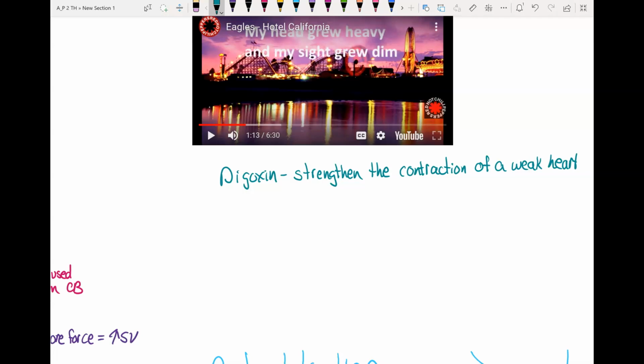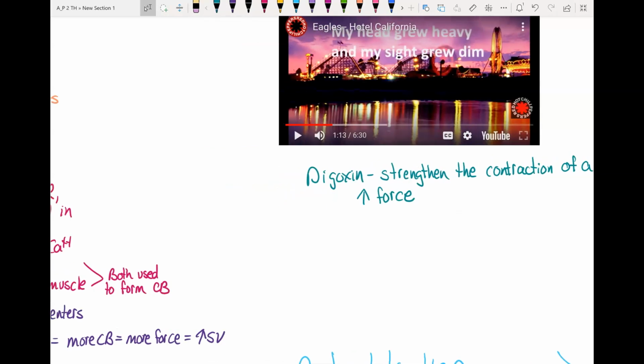So digoxin is in there to increase the strength, increase the force of the contraction and get that stroke volume up. So the point of digoxin is to increase the force. Well, if you want more force, that means you need more cross bridges.